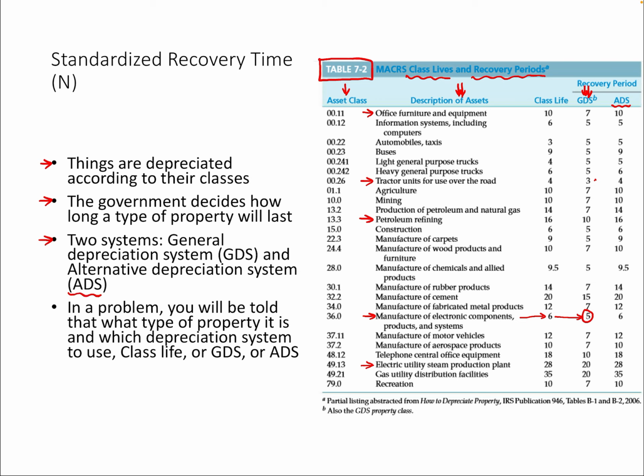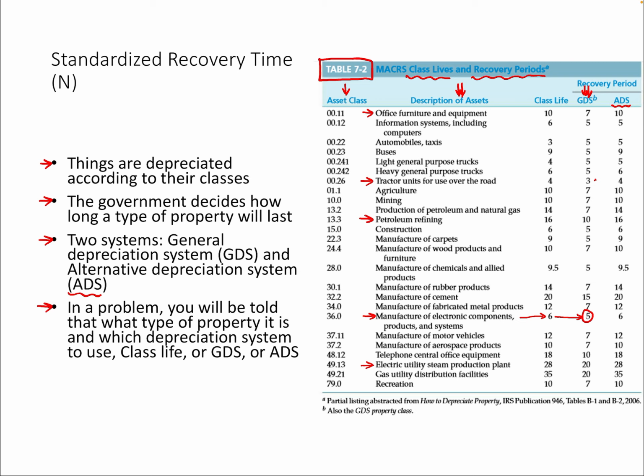Usually the ADS method is used for a specific type of product. Sometimes the product is manufactured not in the US, maybe in a foreign country, and the IRS will require you to use the ADS method to do the depreciation deduction calculation.